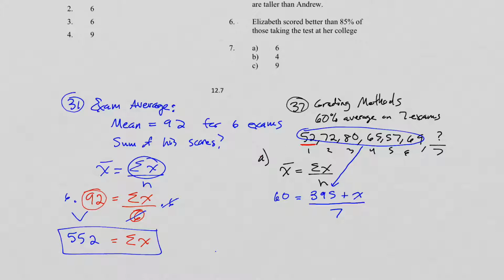So the sum of her test scores, plus her last one, which we don't know. So we can't add this to this because we don't know it. That's the whole point. Okay? So how many points does she need to get to average a 60? Well, you take your 60 average, multiply by the 7 exams.